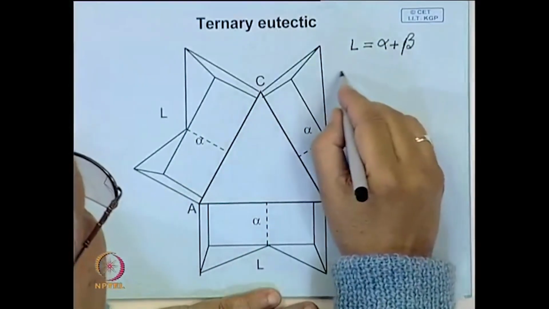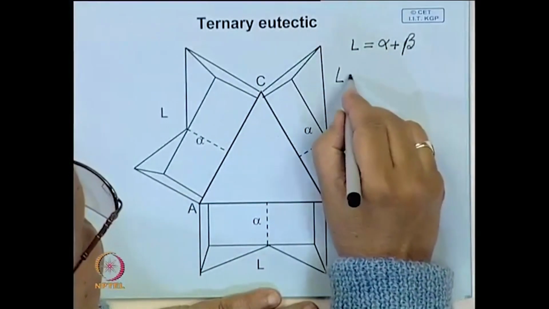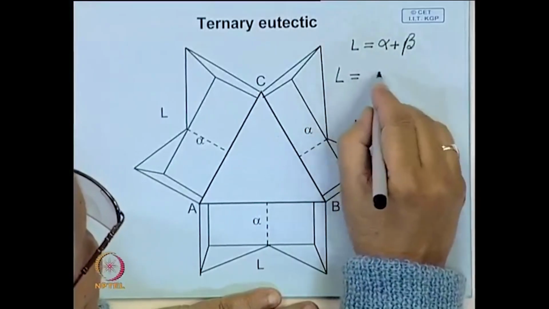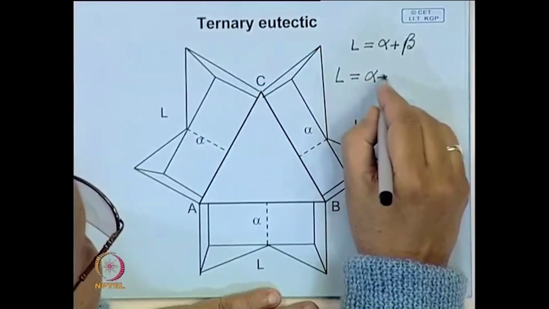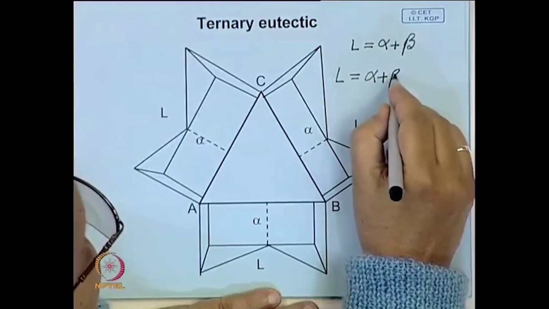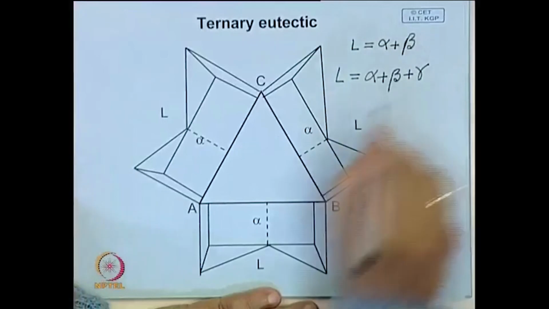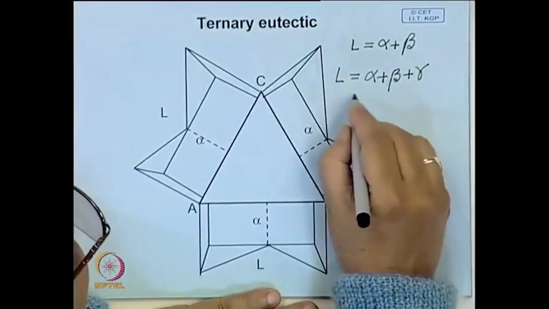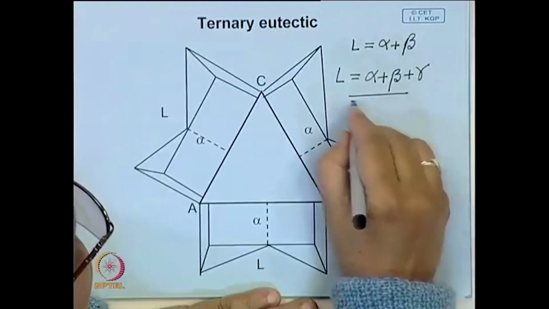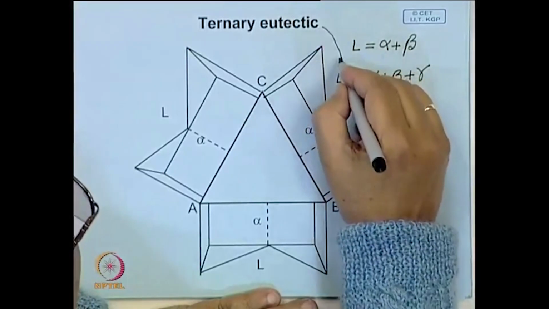Now, in case of a ternary eutectic, a liquid of a particular composition will decompose at the same temperature into a mixture of three solids. This is the ternary eutectic.